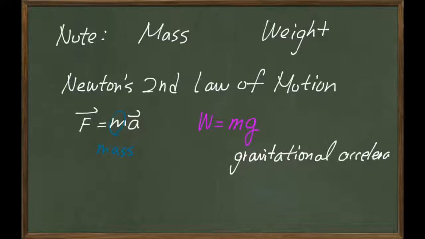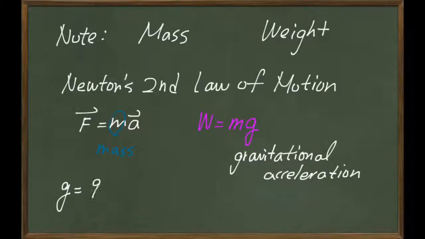Gravitational acceleration is just a kind of acceleration, so basically it's the same thing as a. Here's an important number that you should remember: on Earth, the gravitational acceleration is g equals 9.81 meters per second squared. This is an important number, and I hope you're going to memorize this.